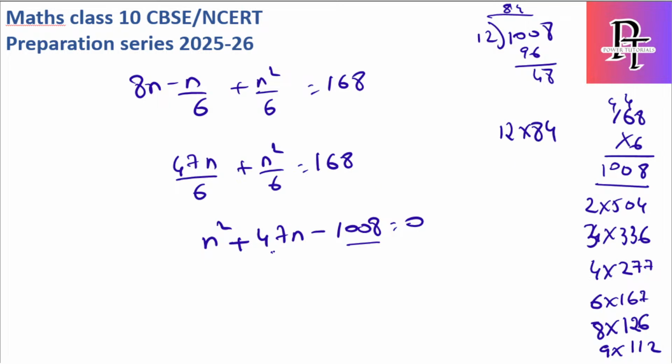Still we need the difference as 47, but here we will get somewhere around 70s. So let's check 13. 13 will not happen.